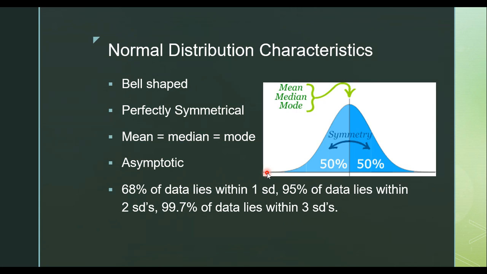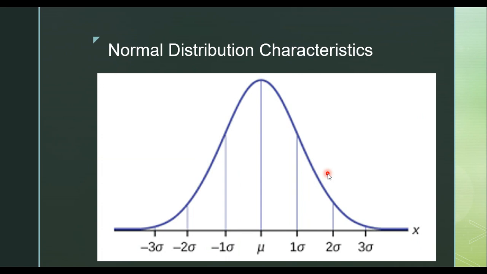No matter what, within one standard deviation of the mean, there's going to be 68% of your data. 95% of your data lives within two standard deviations, and 99.7% lies within three standard deviations. So we'll talk more about that in a little bit. That's actually called the empirical rule. But not today, next week. We'll touch on that a little bit more and do some stuff with it.